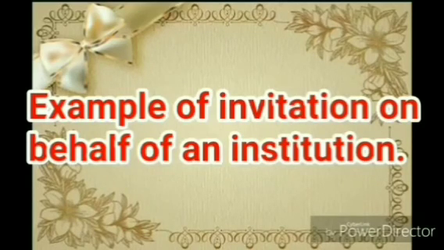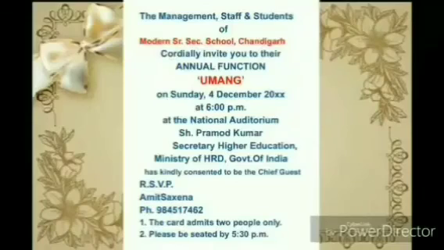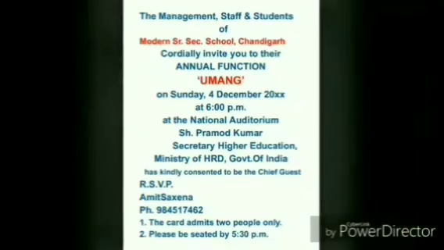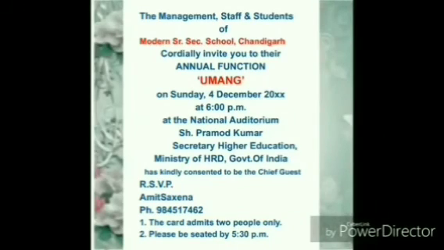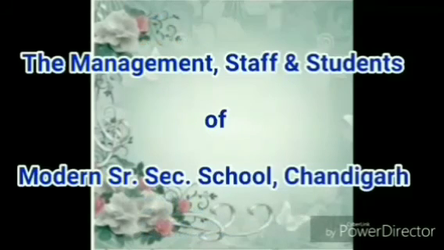Now an example of an invitation on behalf of an institution. How to write a formal invitation on behalf of an institution. The management, staff and students of Modern Senior Secondary School Chandigarh cordially invite you to their annual function Umang on Sunday 4 December 2020 at 6 p.m. Now children, let's see it break-wise.